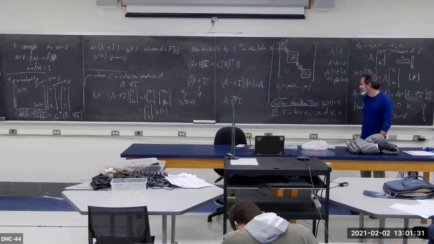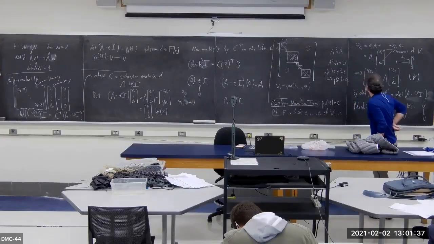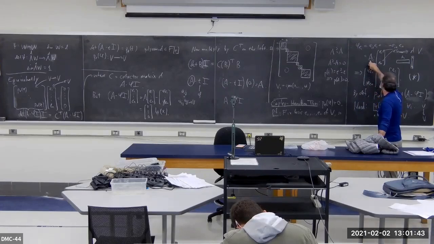You can, but to start off with, A itself is a matrix. It's just a matrix of scalars. It's defined by this. And phi is a linear map. So A is the matrix of phi with respect to the basis E.